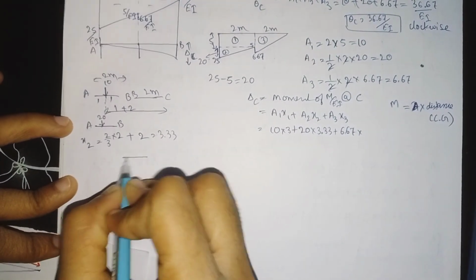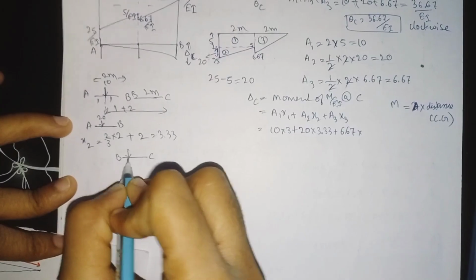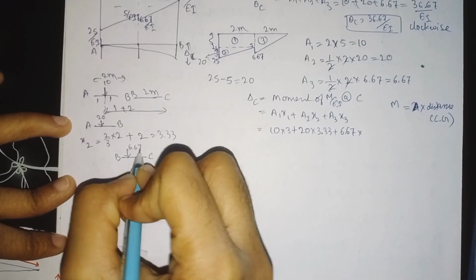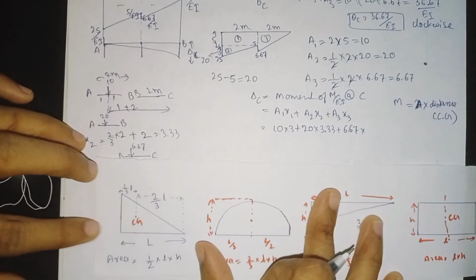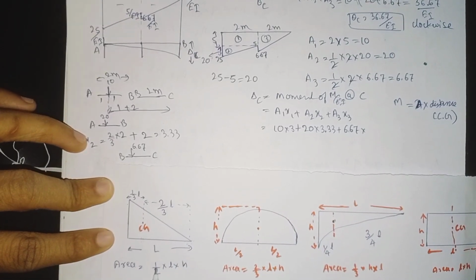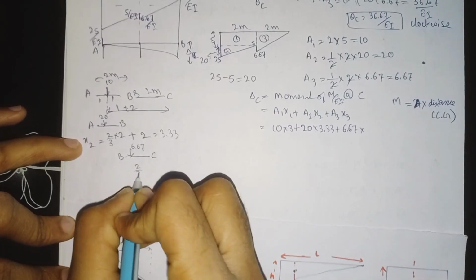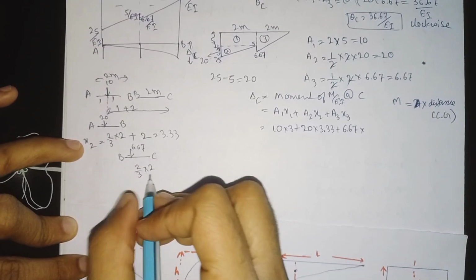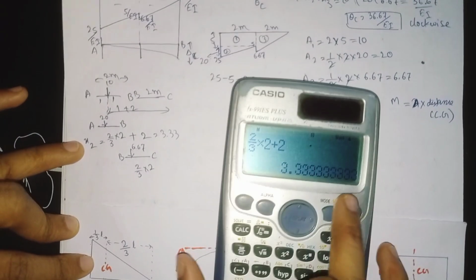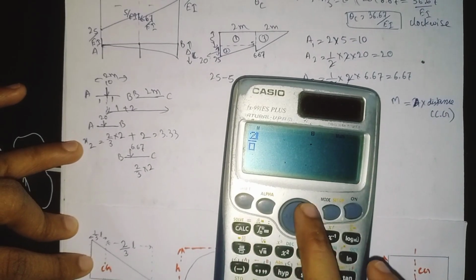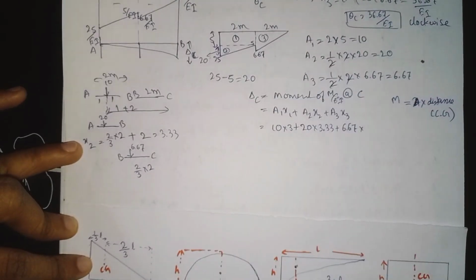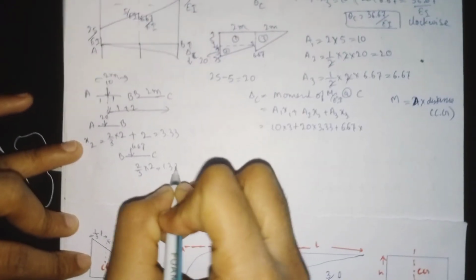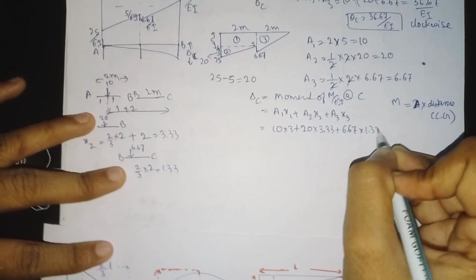Similarly for x3, the load 6.67 is acting at a distance from here to here of 2 divided by 3 into L, with L being 2. So 2 by 3 into 2 comes out as 1.33.